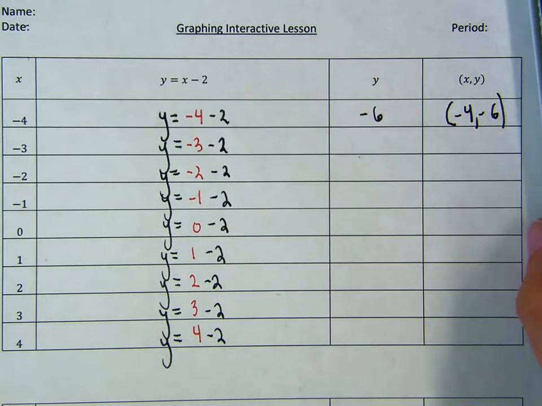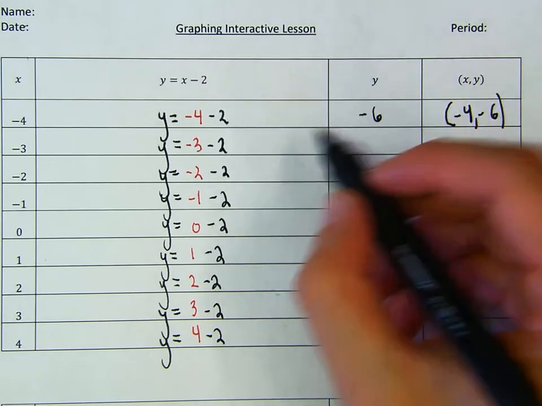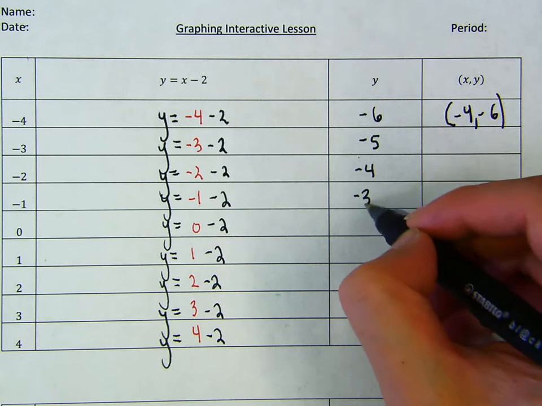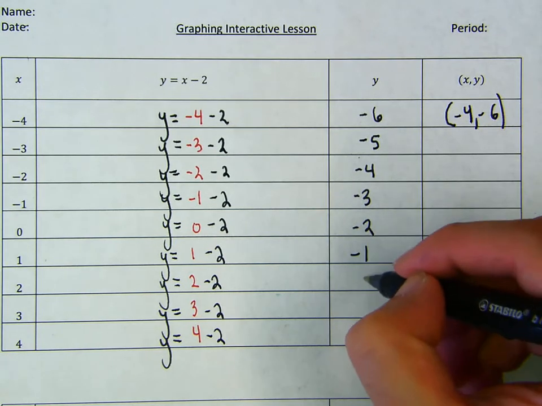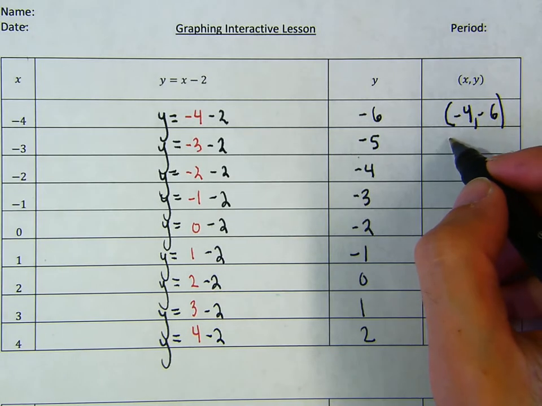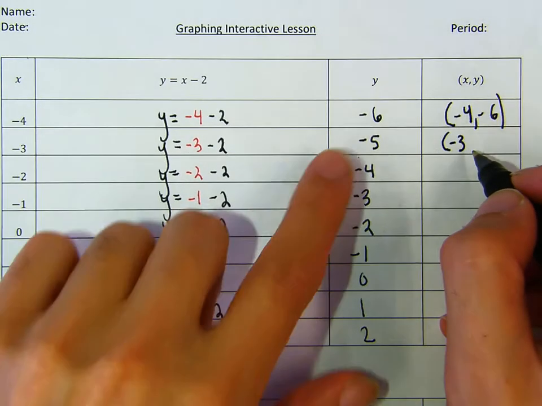Please don't just look at the answers. If you want to check, what's -3 minus 2? -5, -4, -3. And these are the points. There should be -3, -5.